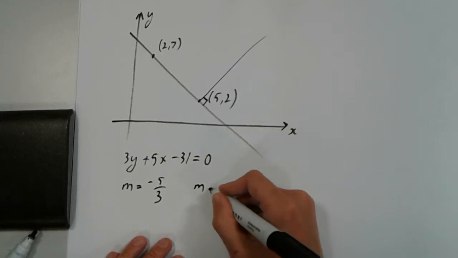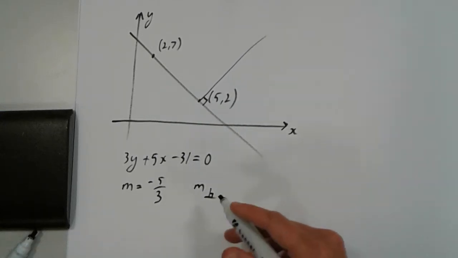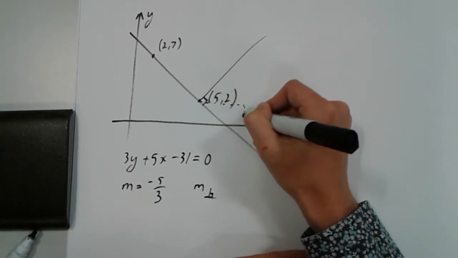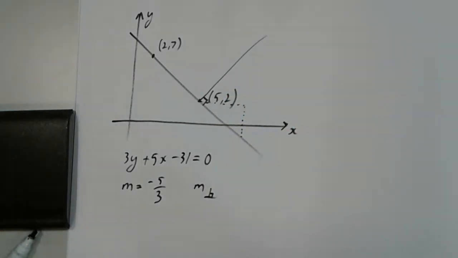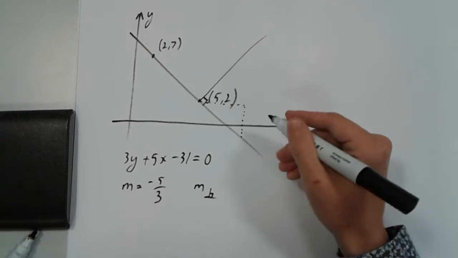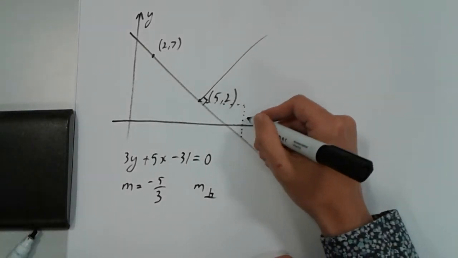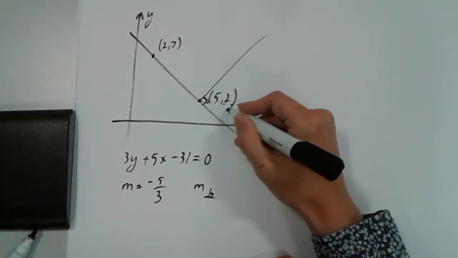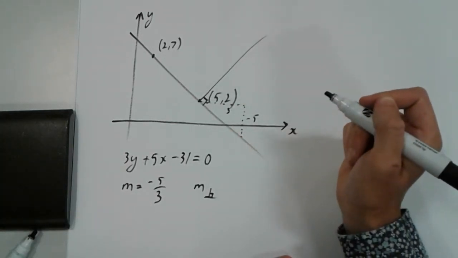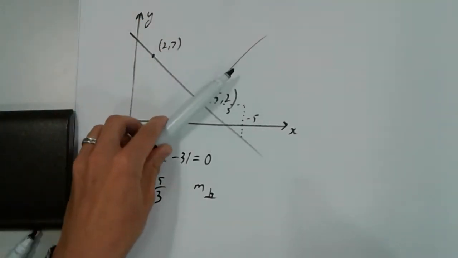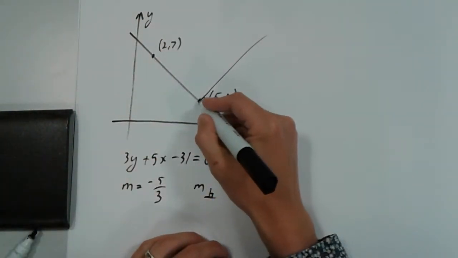We want to know the perpendicular gradient. Let's just use our sketch to help us with this. You may have realised by now that most of what we're doing in A-level, we're going to use a sketch to help us. So we knew that our change in y was minus 5 and our change in x was 3. Now this line has been rotated 90 degrees to give us our new line.